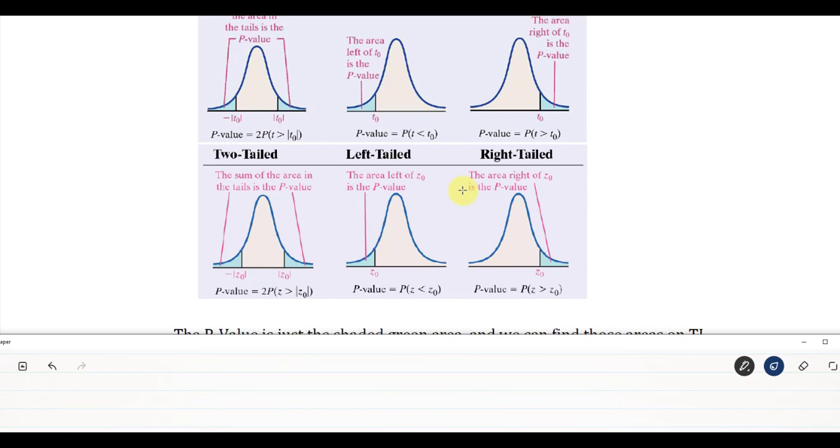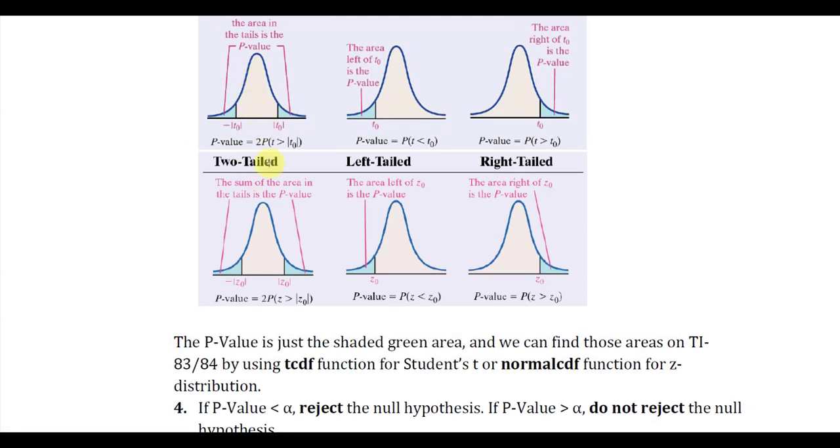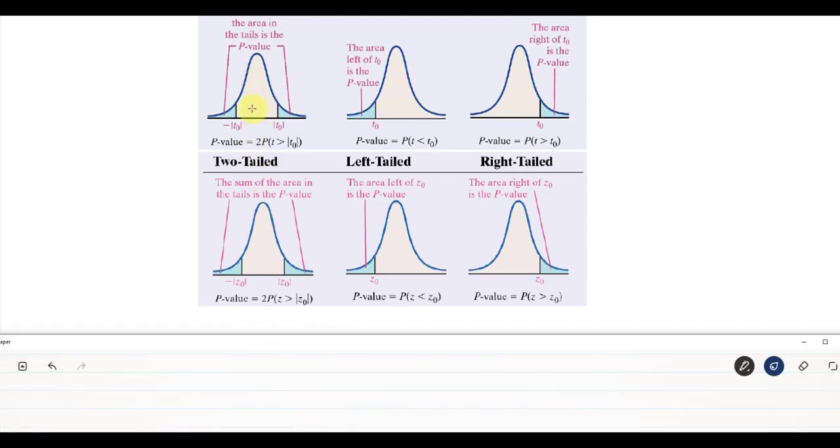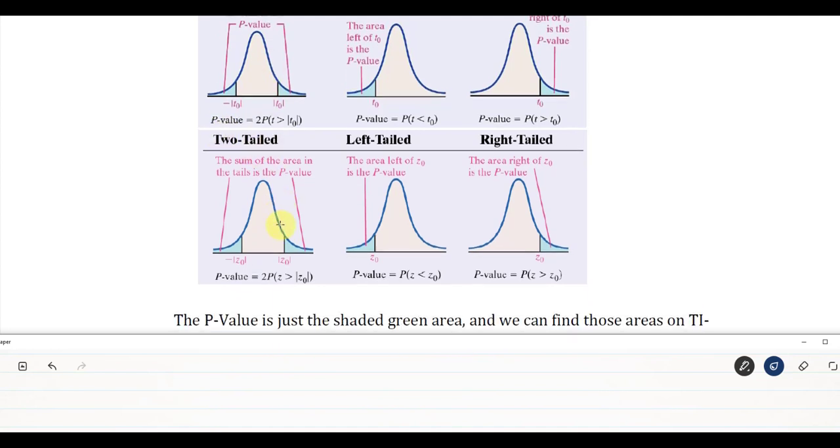It's similar to the proportion case. And also for the z test, the graph is symmetric compared to the t test. So all we have to do is find the area of one tail and then double it when solving the two-tail case.